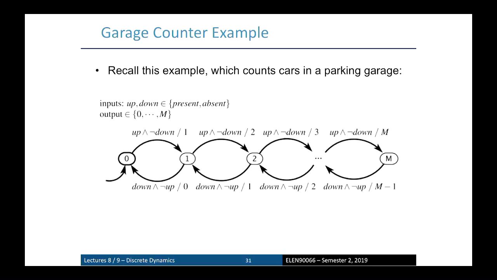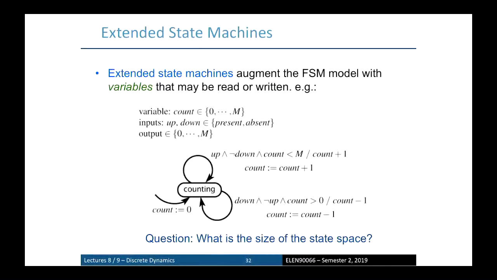Now, we can also embed further information into the state machine, and it then becomes what we call an extended state machine. So an extended state machine augments variables inside the state machine. So in addition to inputs and outputs, we can also have variables that do some of the dirty work for us.